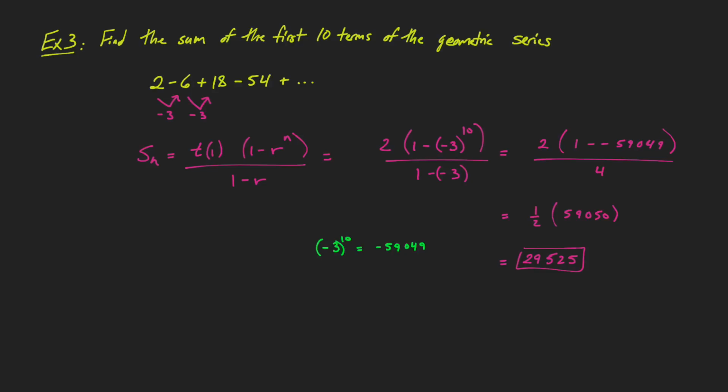Should be positive, because if you notice we have an even number we're raising it to, so this should cancel out the negative. So what happened here in my calculator, I accidentally wrote this, which gave me a negative number. Be very careful. I always keep saying, notice your parentheses, and here, made my own mistake.